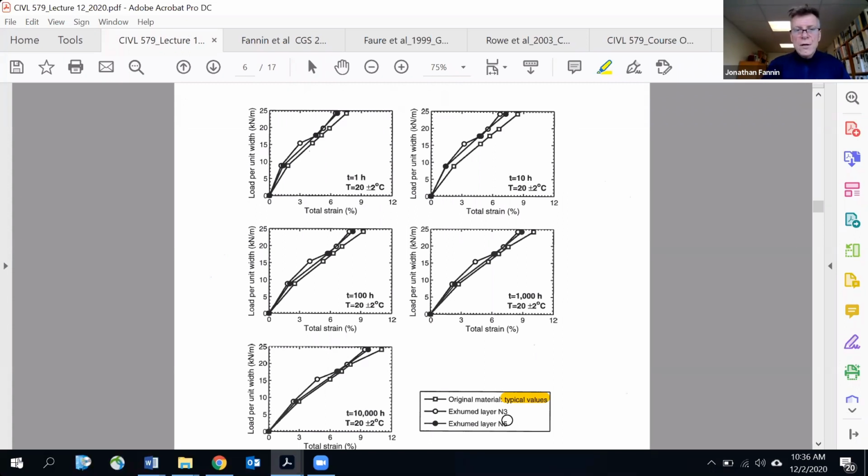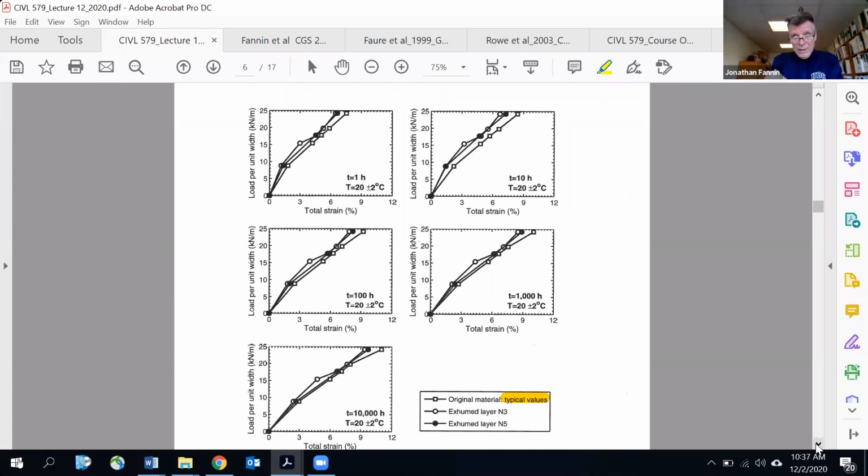And those are the circles, open and closed, for the exhumed layers. And I don't know about you, but I think if we look at those, the agreement is excellent. It's not often that as engineers and geoscientists we talk about excellent agreement, but I think that actually is. And we looked at the incremental strains.